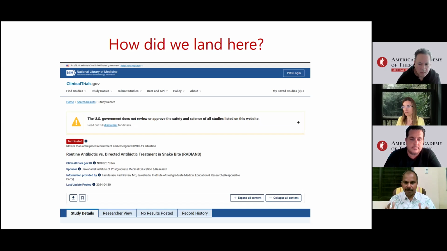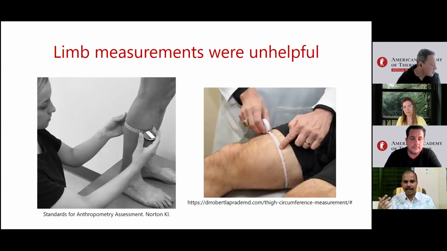When we had to assess the endpoints, that is, to assess whether the bitten limb has been infected, that is by serially following the swelling, how the swelling progresses over a period of time. The typical way this is done is by making measurements.